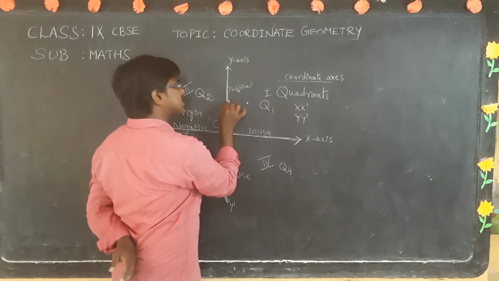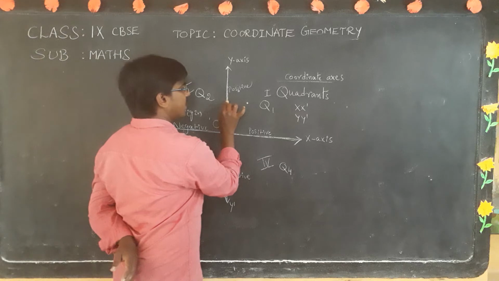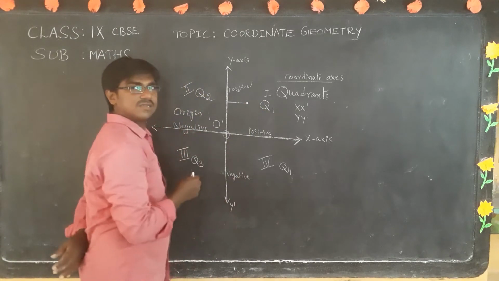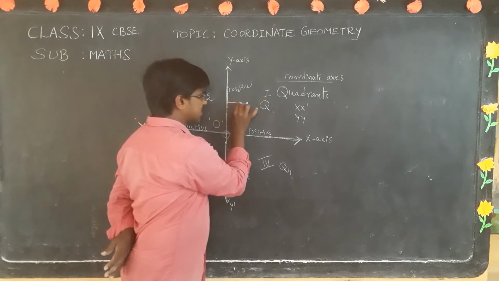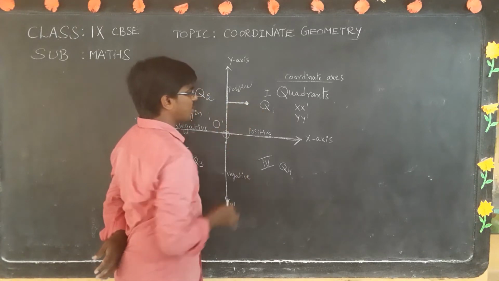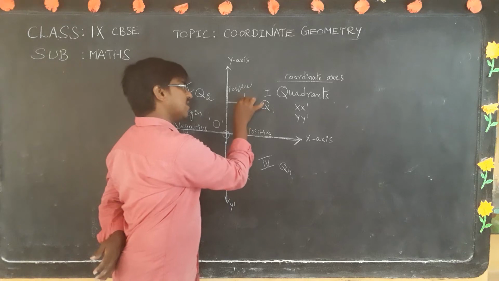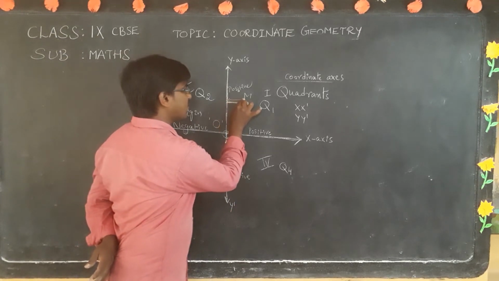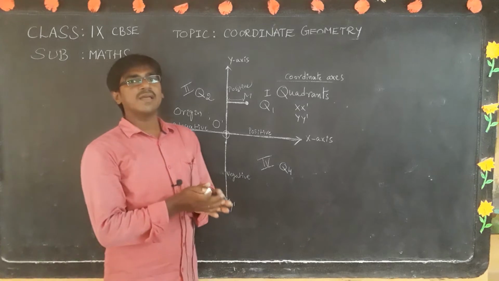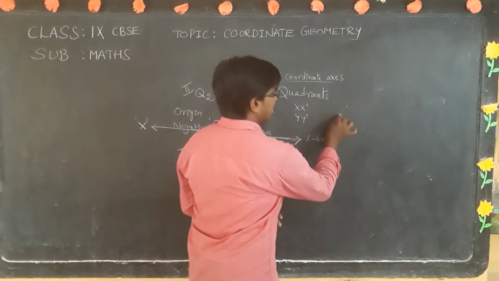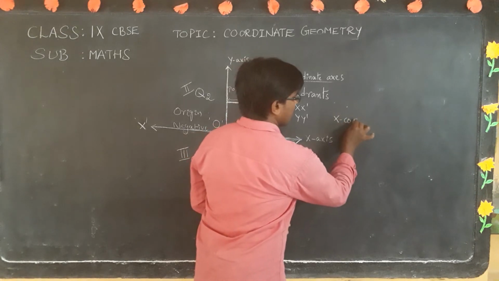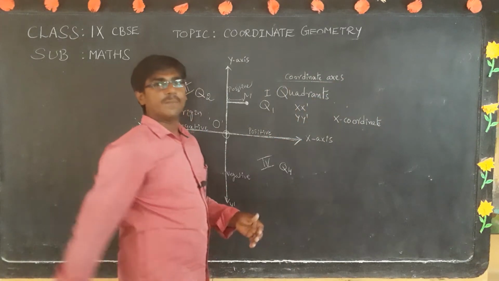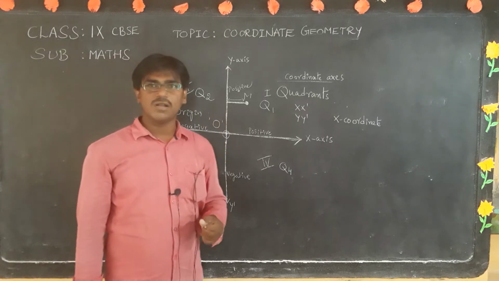This is the given point; let this point be M. The perpendicular distance from the y-axis to the point is called the x coordinate.